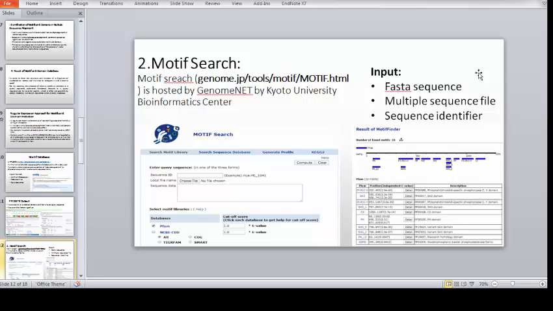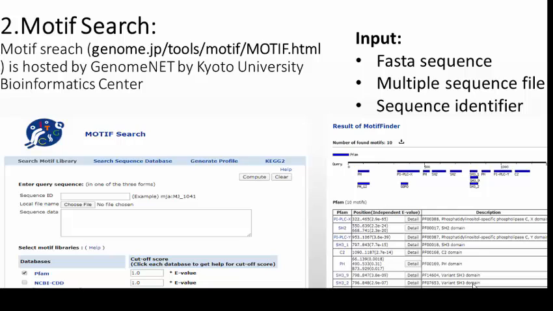Then the output result, as you can see here, is the result of the motif search. In this case, this database uses MOTIF Finder as the searching tool. As an output, this is the query, which is starting from 1 to 1291, and there are these small blocks representing motifs that are present in our query sequence.